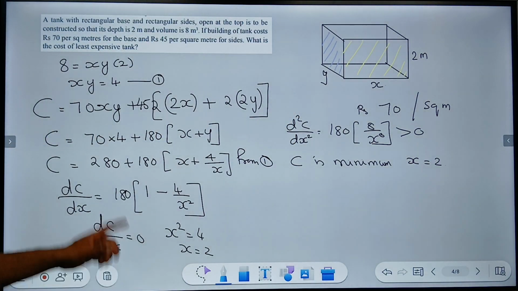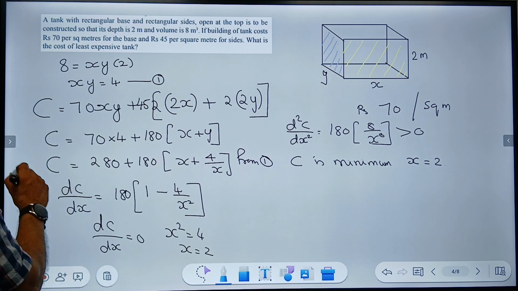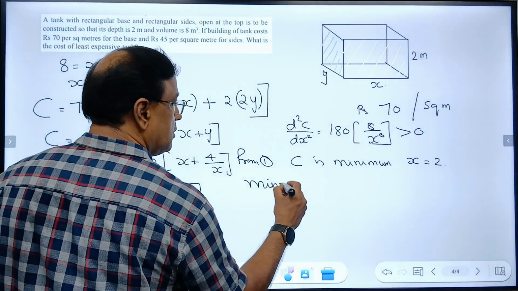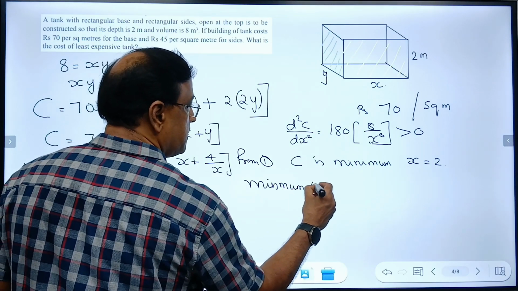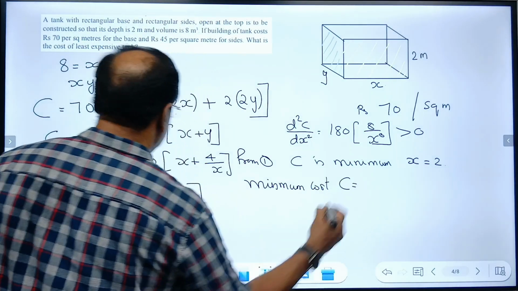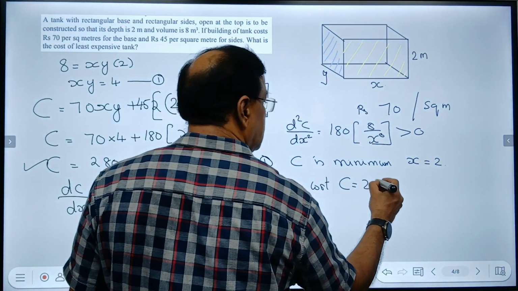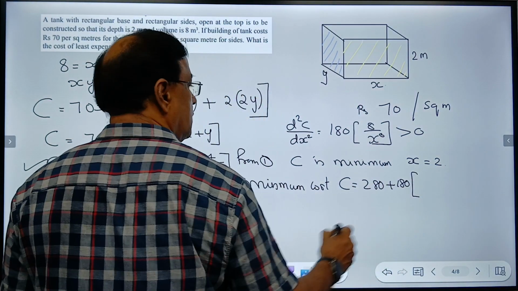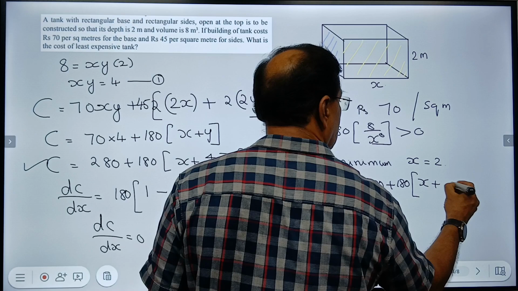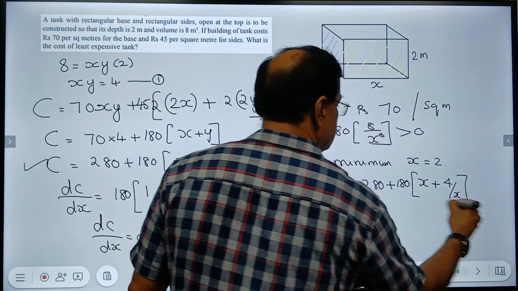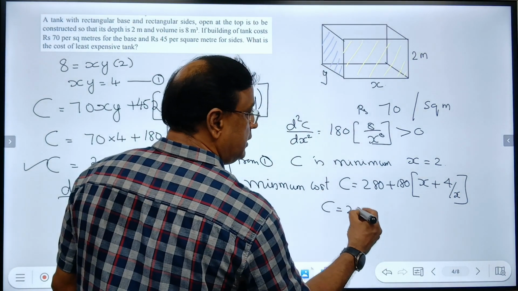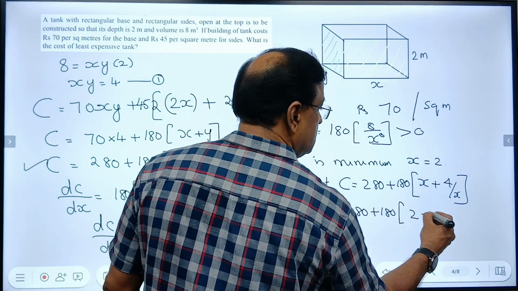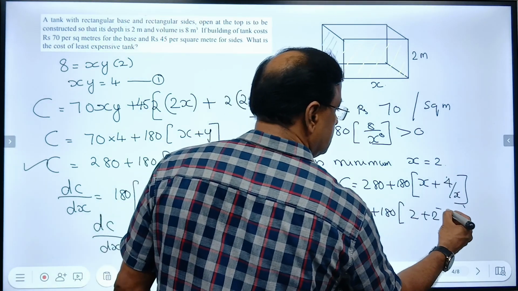Okay. So I want to find the minimum cost. So I'll substitute here. So what is the minimum cost? C equal to 280 plus 180 into x plus 4 by x, which is 280 plus 180 into x is 2 and 4 by 2 is also 2.